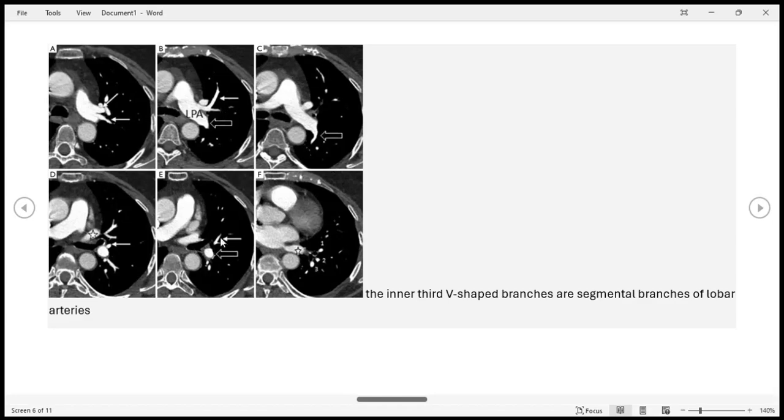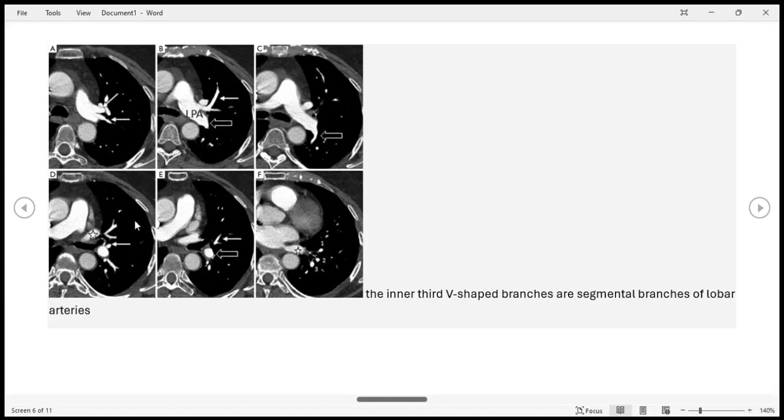If you see V-shaped branches not within the inner third, within the middle third of the lung, so here this is within the middle third of the lung, not within the inner or the outer. So the V-shaped branches within the middle third of the lung are the subsegmental branches or the third order branches.